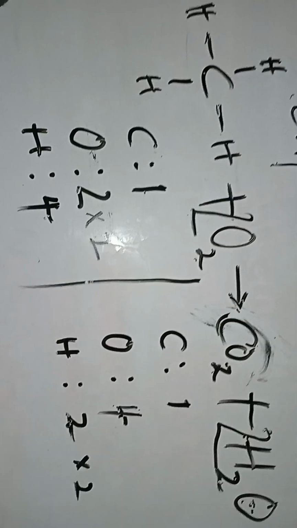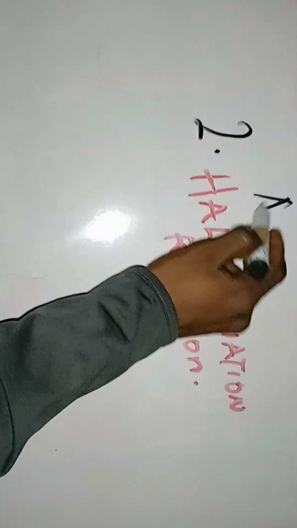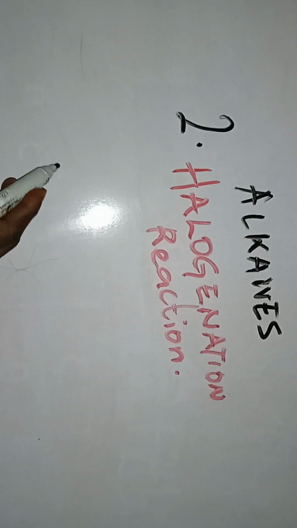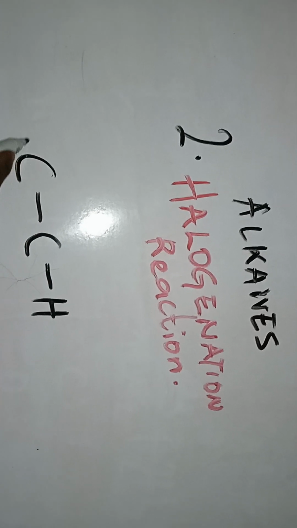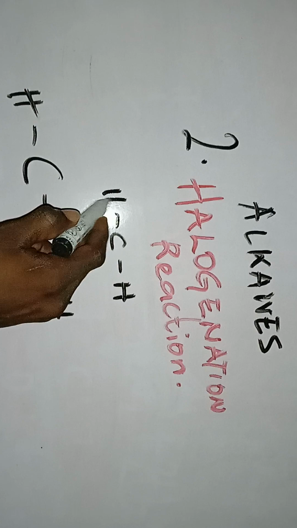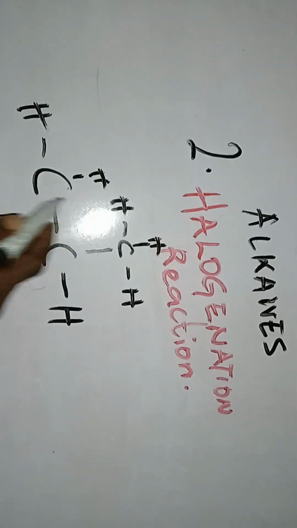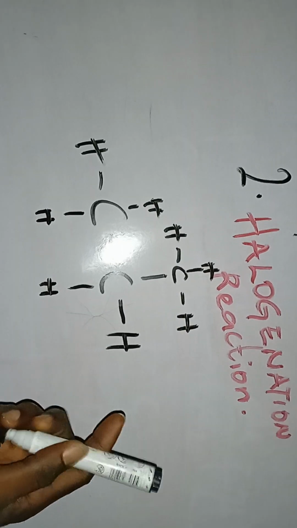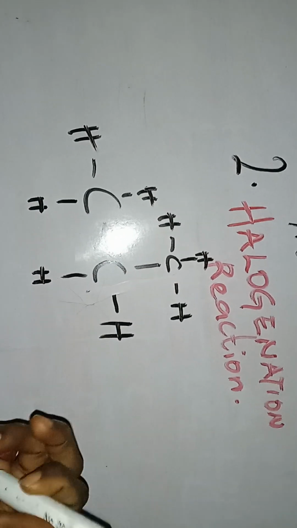The second type of reaction alkanes undergo is what we call halogenation. And if I have this, this is propane.